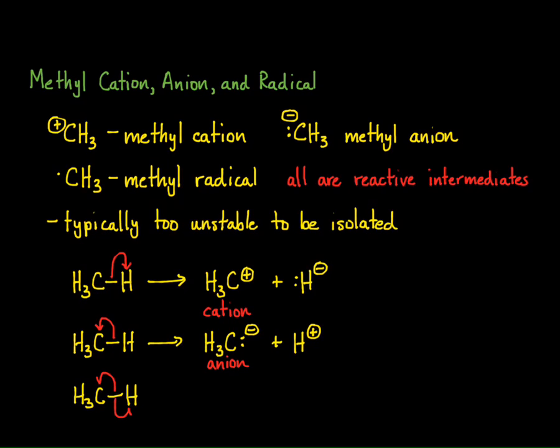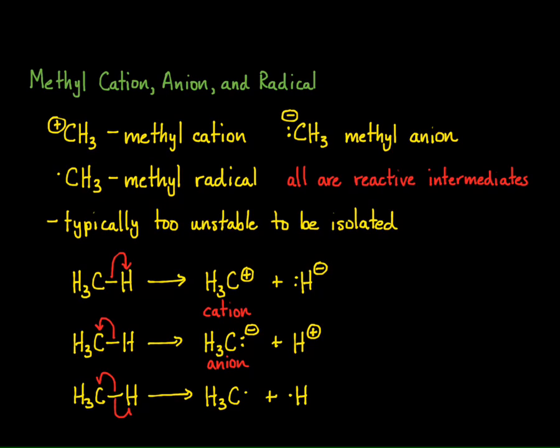So notice I'm using my fishhook arrows in this case. In the two cases above, I used the double barbed arrow to denote the movement of two electrons, and in this case I'm using my fishhook arrow to denote the movement of one electron. And the result is I get a methyl radical, and I also get a hydrogen atom, neutral.